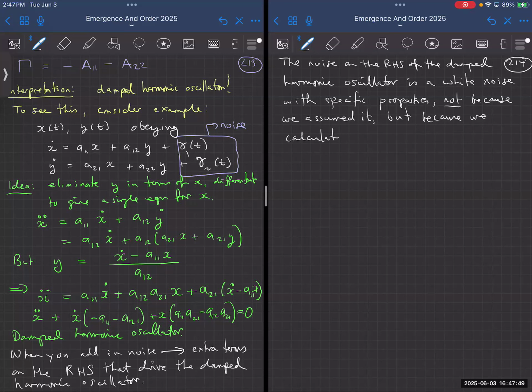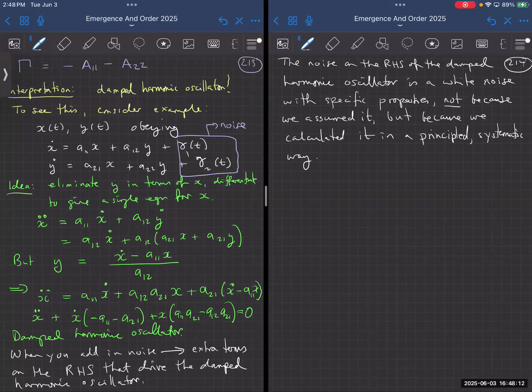We calculated it in a principled way. Okay, so what I did, of course, I've just gone over it very carefully, but all of this can be done carefully and can be made rigorous.